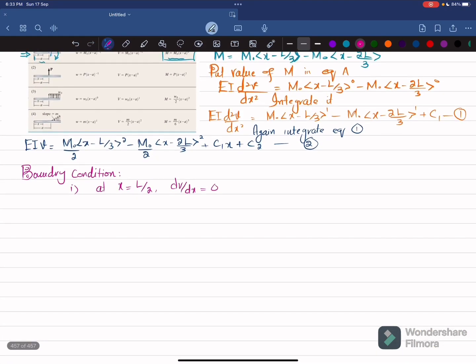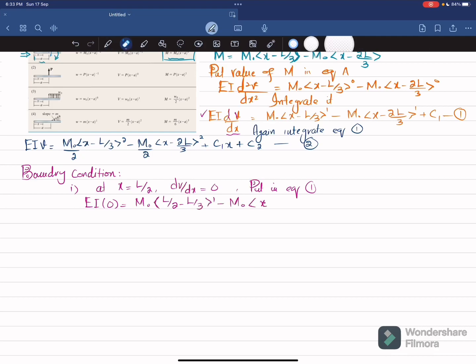So we have to put it in equation number 1. Now what is equation number 1? This is the equation number 1. Here we have taken integration, so it will be dv over dx. When you put dv over dx equal to 0, you will get EI into 0 equal to m0 into L by 2 minus L by 3 power 1 minus m0 into x, where x will be replaced with L by 2, so L by 2 minus 2L by 3 power 1 plus C1.